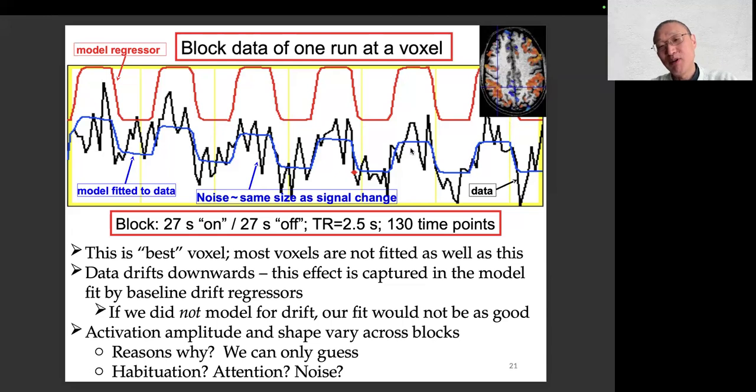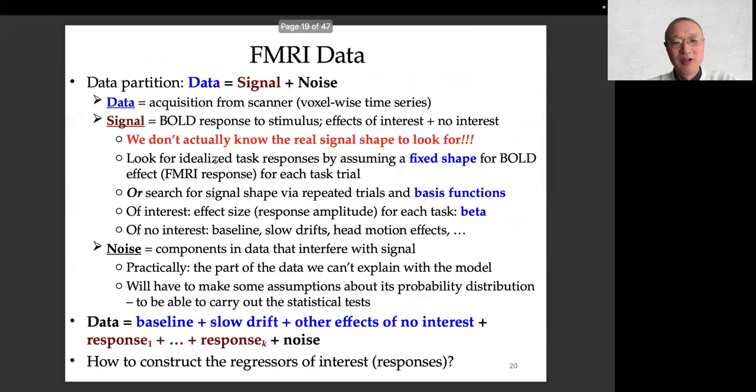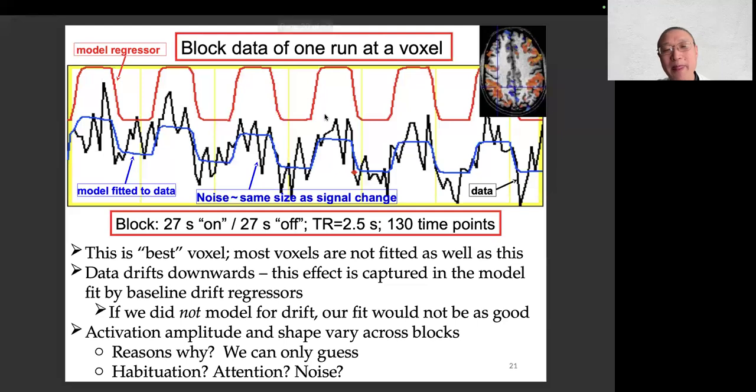The blue curve is the white curve scaled, of course, by the beta value. Plus, remember the model has a baseline, slow drift, and other effects, usually head motion. So the blue one is the white curve scaled plus any other covariates we could put in. It shows how good the model is.